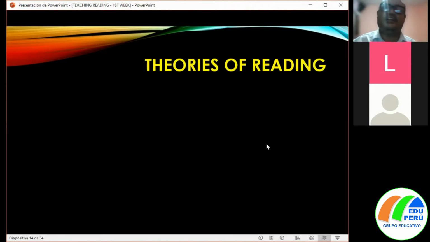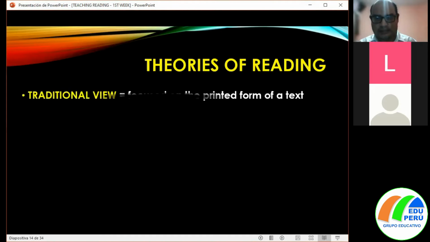Theories of reading. Notice here that we're going to have some theories of reading. These theories of reading, the process of reading, are related to the two aspects of reading that we talked about before. The first one is the traditional view.